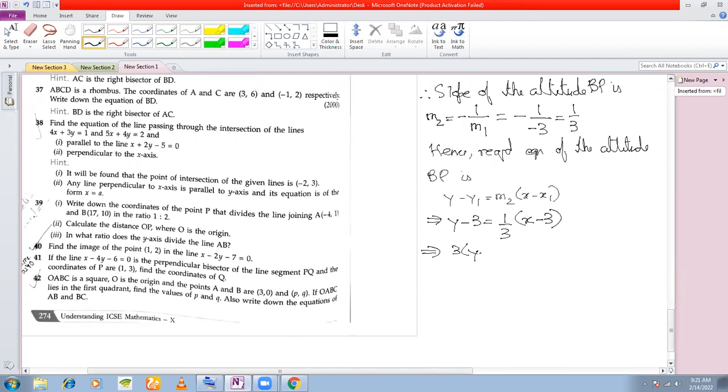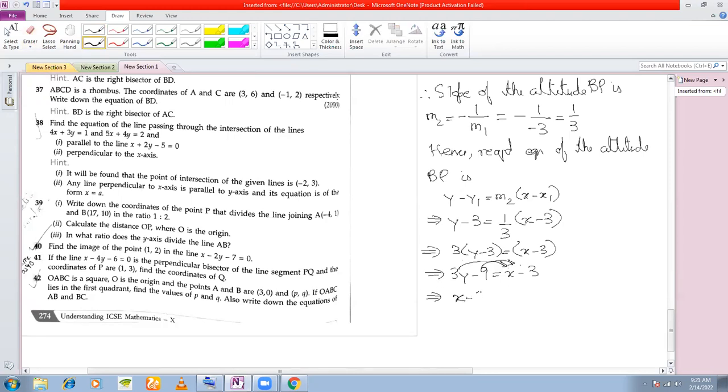Cross multiply, right? So you get 3y minus 9 is equal to x minus 3. Now you take x on this side and plus 3 also on this side. Or better, you take it on the other side. You take 3y here and plus 9 here.